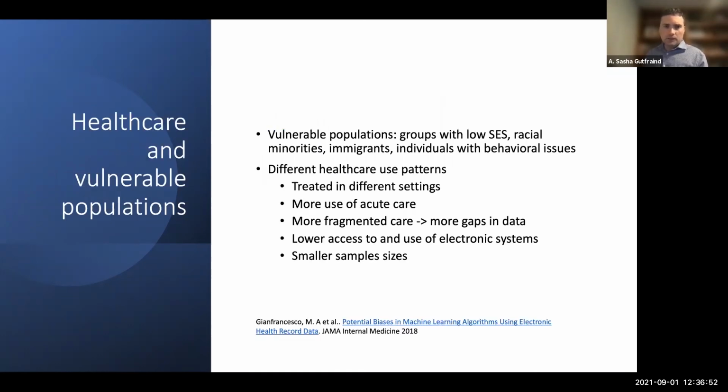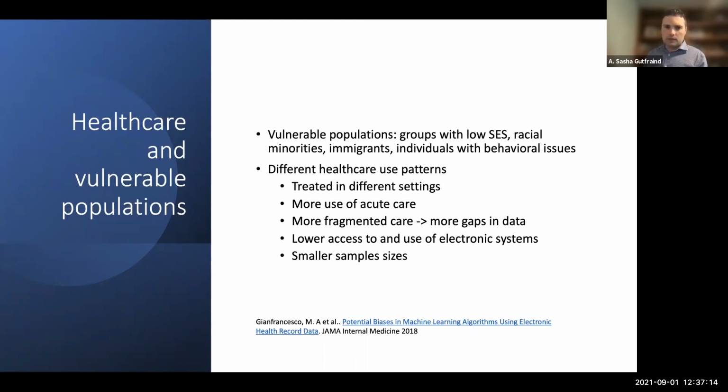Let me give you an overview here of what could be called vulnerable populations. I talked about race, and racial minorities are certainly considered a vulnerable population. But when we are thinking about AI, that is not the full story.